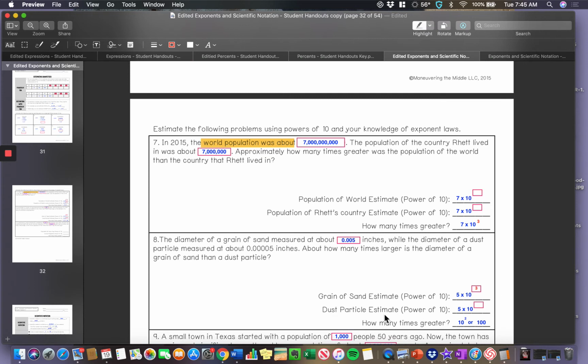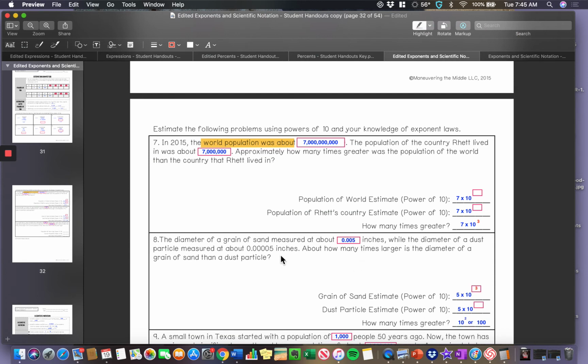Okay, now the dust particle estimate as a power of 10. Well, the dust particle had 5, how many spots to the right of the decimal? 1, 2, 3, 4, 5. So you can fill in your answer right there. And then how did I get 2? Well, I took 5 and subtracted 3 to tell me how many times greater it is.